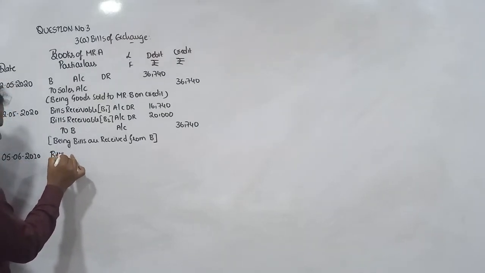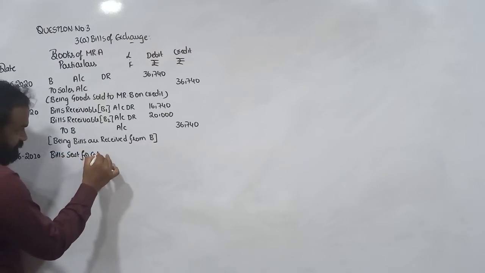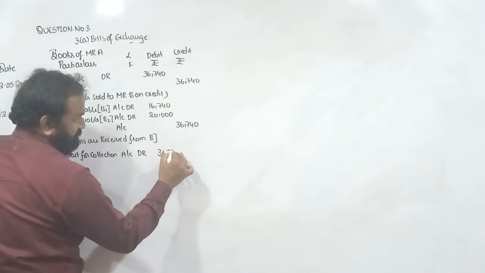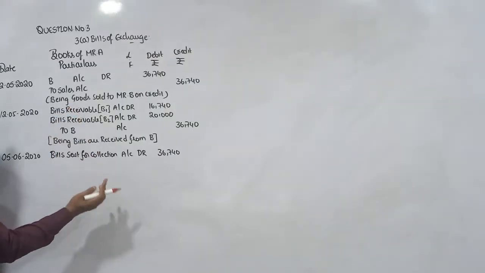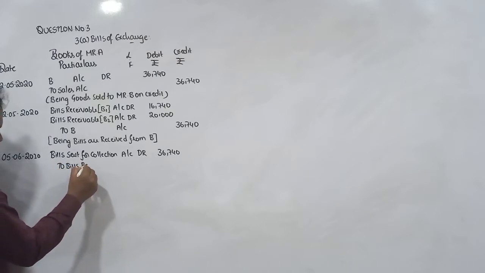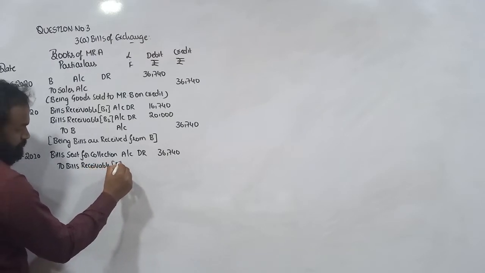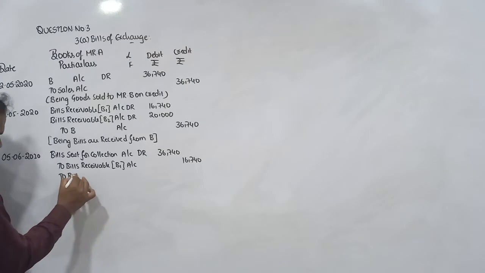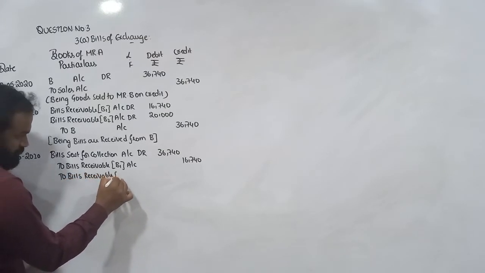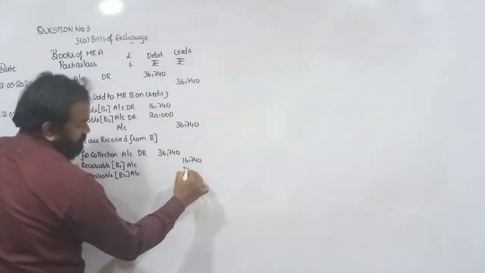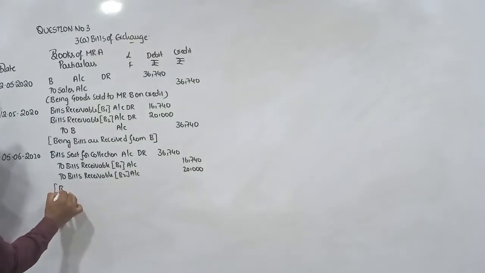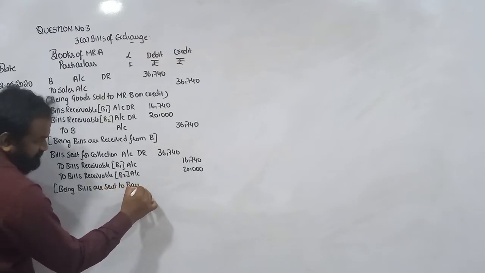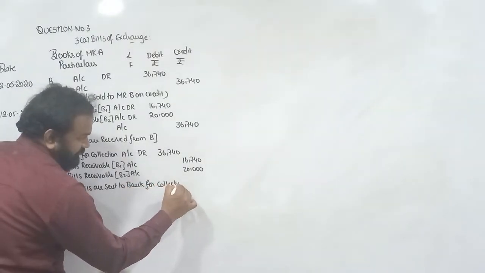The journal entry is bills sent for collection account debtor, two bills, 36,752, to bills receivable B1 account 16,740, and bills receivable B2 account 20,000, being bills are sent to bank for collection.